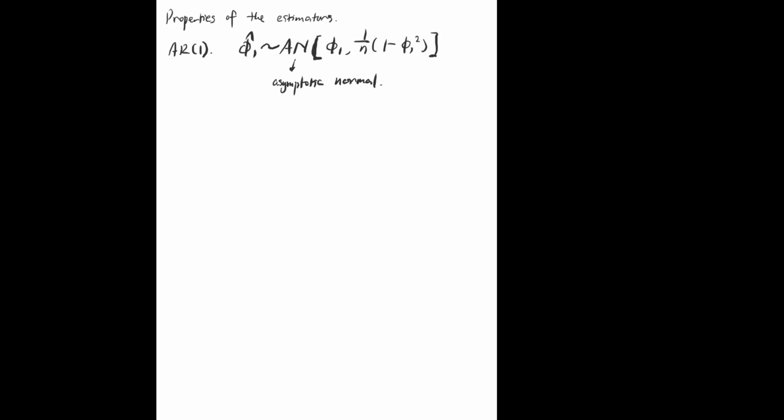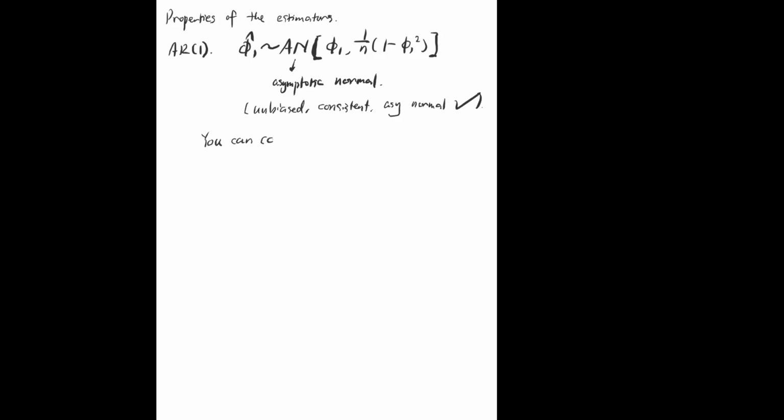Okay, so this is very good. So unbiased, consistent, and asymptotically normal. Very good. And from here you can construct the 95% confidence interval for this phi1.